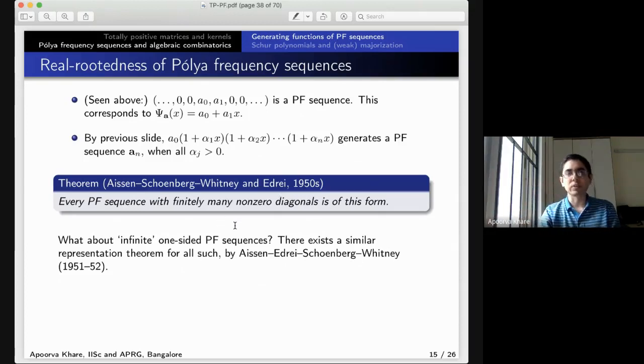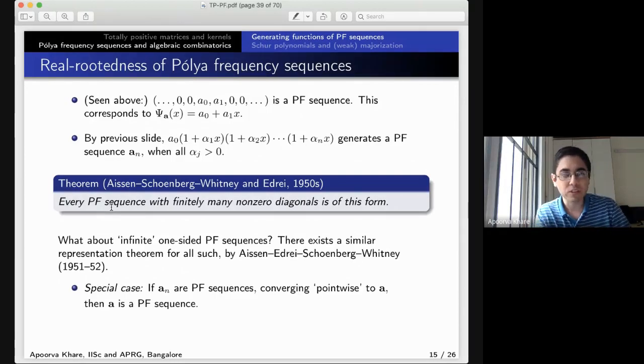Well, there is a similar representation theorem, again by the same authors. And I should point out, this is exactly at the same time that Schoenberg brought out his fundamental paper on Polya frequency functions. So all of this seems to have taken place in this 5 or 6 year period from 1947, let's say, to 1952. It was a remarkable time for this area. Just everything got proved then.